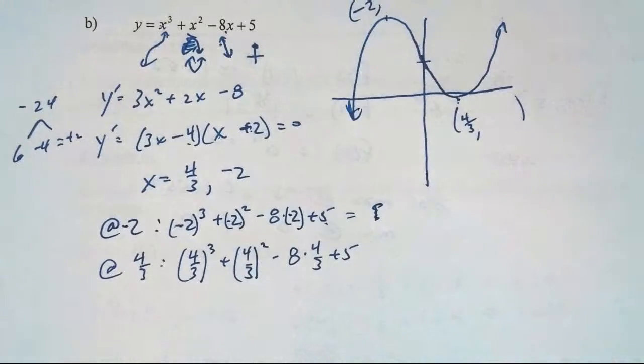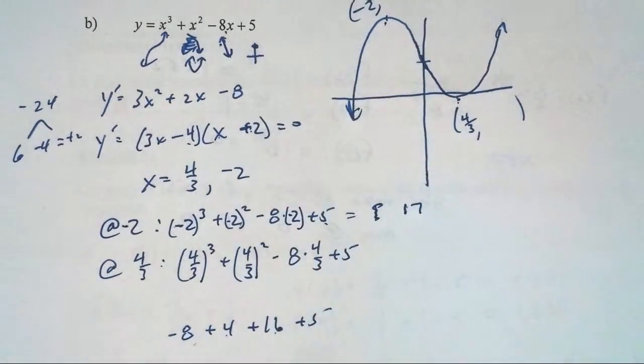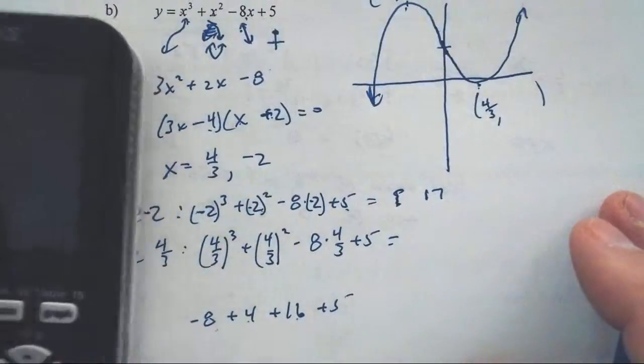So it's not going to be that. Let's see, I get negative 8 plus 4 plus 16 plus 5, or 21, 25 minus 8, 17. Seems like it should have been higher than 1. Well, of course, because it was at 5 here. Okay, and then I'll just be lazy on this one.